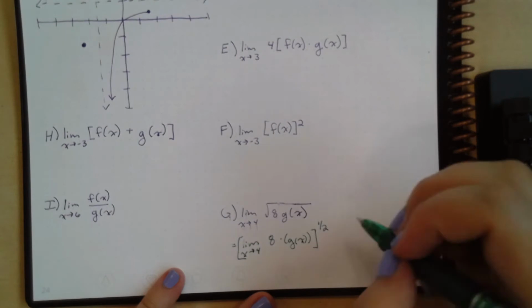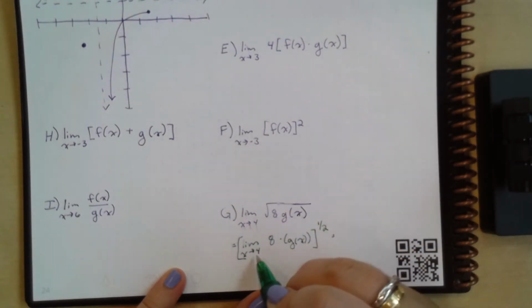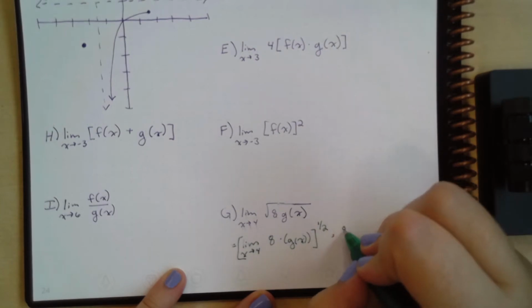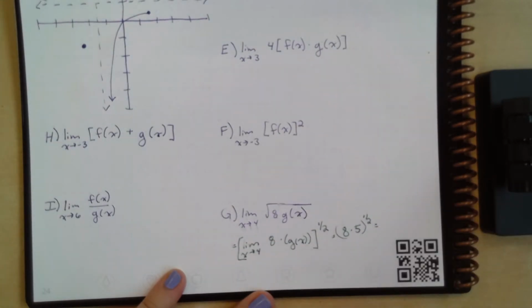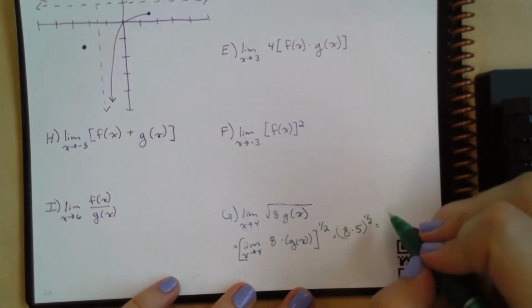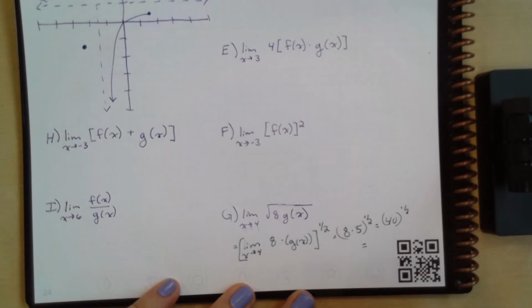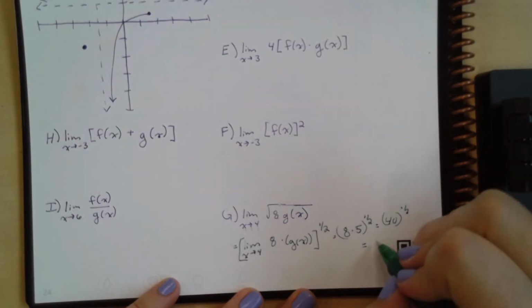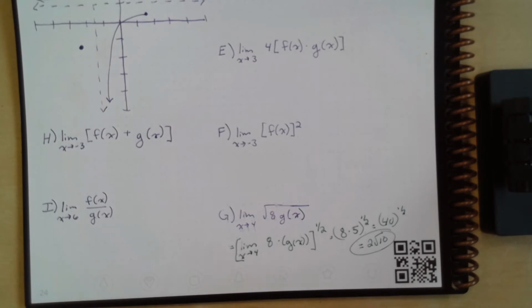So this is going to be equal to, well, we already established that the limit as x approaches 4 is 5. So this is going to be equal to 8 times 5 to the 1/2 power, which is equal to 40 to the 1/2 power, which is equal to 2 radical 10. Beautiful. Kind of ran out of room there. But hopefully you kind of get the idea of what these look like.